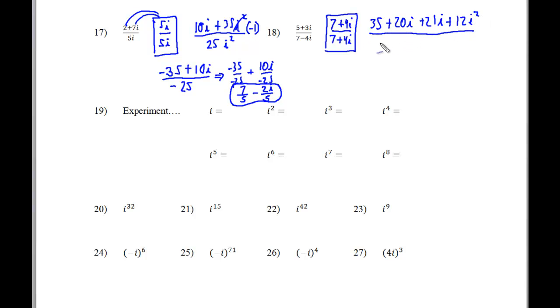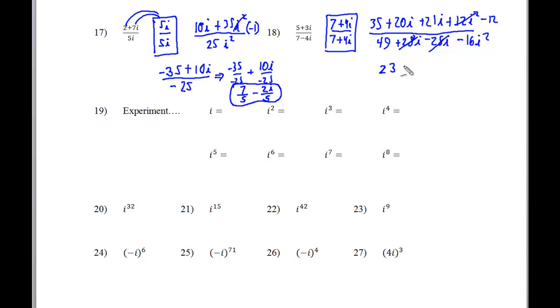Now we look at our denominator, which is going to be 49 plus 28i minus 28i, and then finally minus 16i squared. Those two simplify out. Let's look at our numerator here. This 12 here changes to a negative 12. So 35 minus 12 is going to be 23.